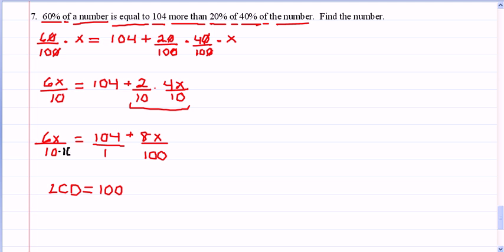So I want to multiply this first fraction by 10, the second fraction by 100. You can times this last fraction by 1, but you don't need to because you already have 100 in the denominator.